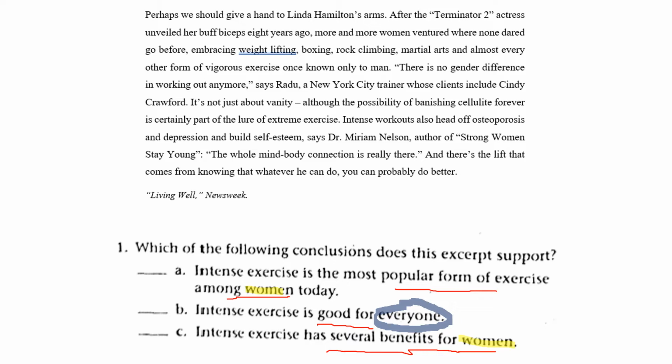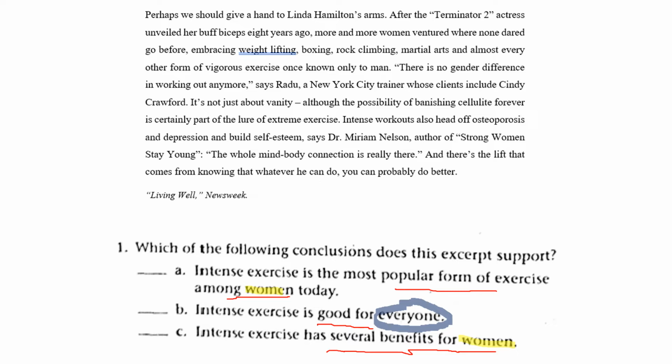So after this female actress played a role in Terminator 2, women began to do a lot more physical exercise. "There is no gender difference in working out anymore," says Radu, a New York City trainer whose clients include Cindy Crawford. That's another actress or singer.